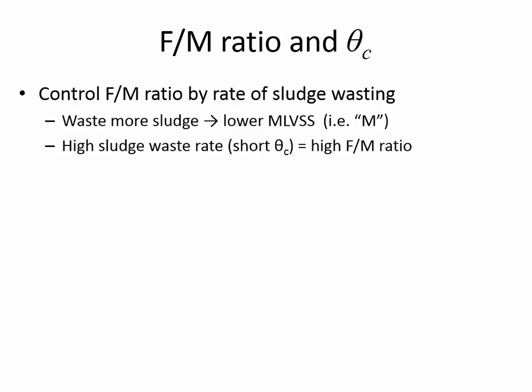So the microorganism concentration goes down. If you think about low M, that increases the ratio, because there will be more food for every microorganism if very few microorganisms are being re-injected.